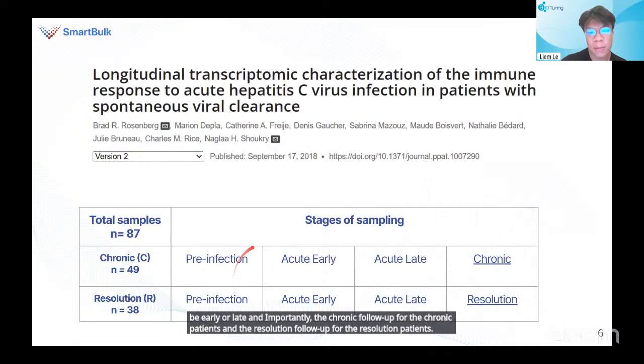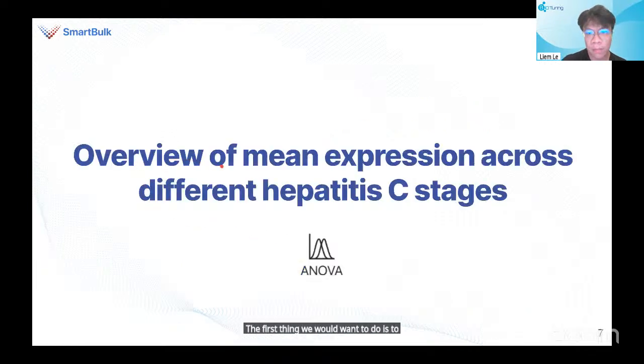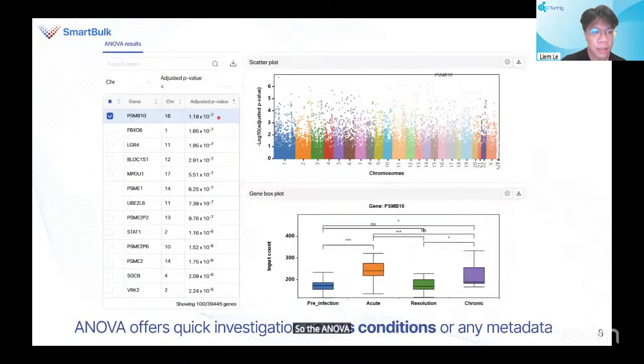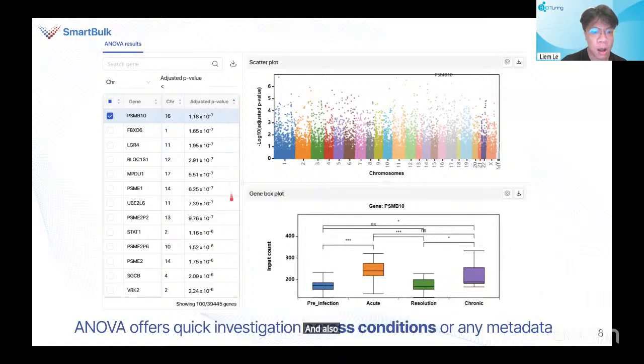Because we have a lot of stages of hepatitis C here, the first thing we will want to do is to have an overview of expression changes across these conditions, which can be done by the ANOVA feature, which simply performs the ANOVA statistical test. So the ANOVA result on this study will have an output like this, where you can see the list of genes on the left, and also their statistical significance on their changes across conditions.